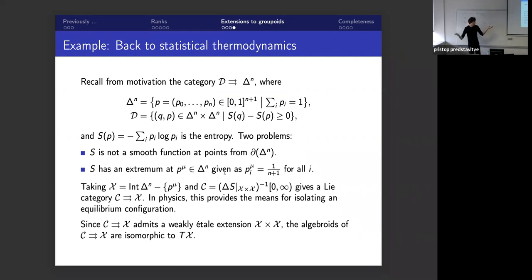Moreover, all of the morphisms are going to have full and constant rank. So this is a nice scenario. These are nice qualities to have.